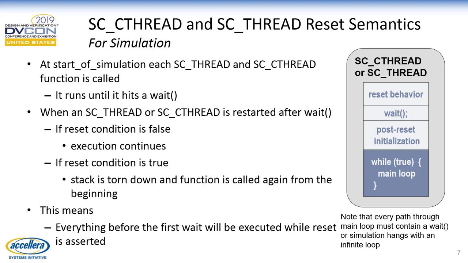If the reset is false, it continues execution and does the rest of its coding. If the reset condition is true, then in simulation, the stack is torn down and the function starts again and it does the reset behavior again. So that's how, in the simulation, we model reset behavior in threads and clock threads.